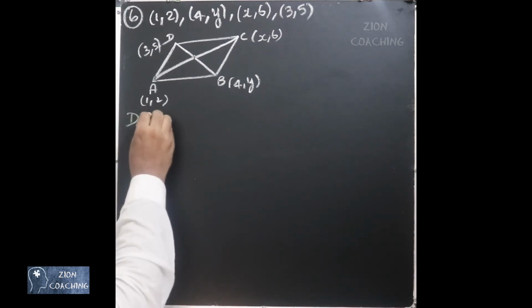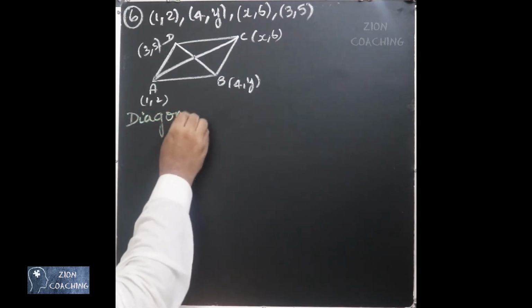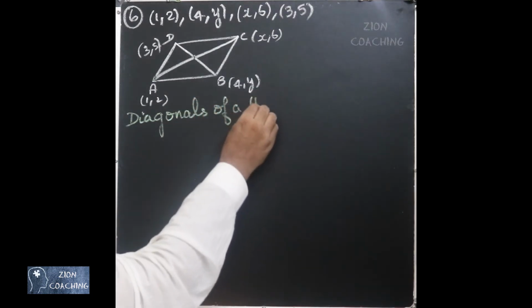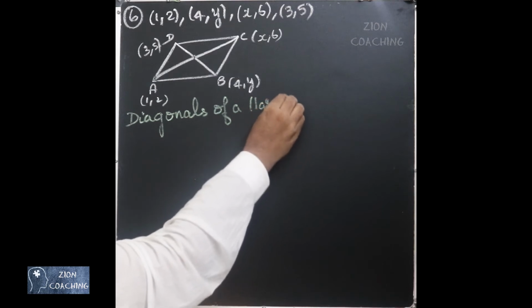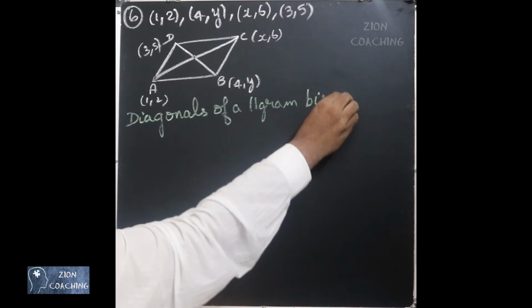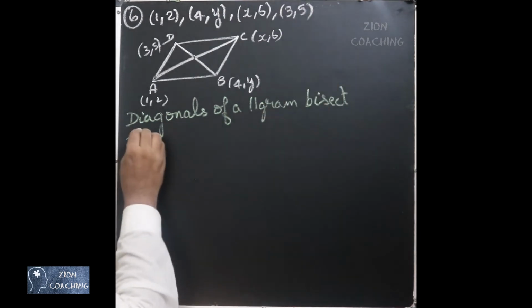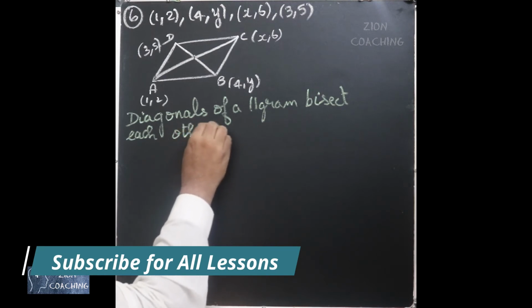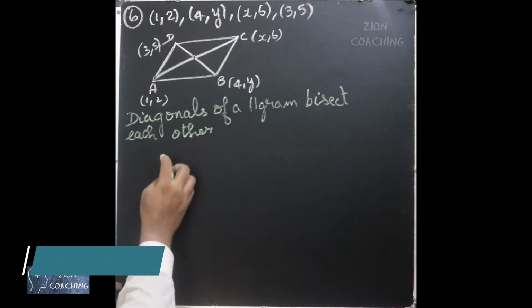Diagonals of a parallelogram bisect each other. Since they bisect each other, the midpoints of both are going to be equal.